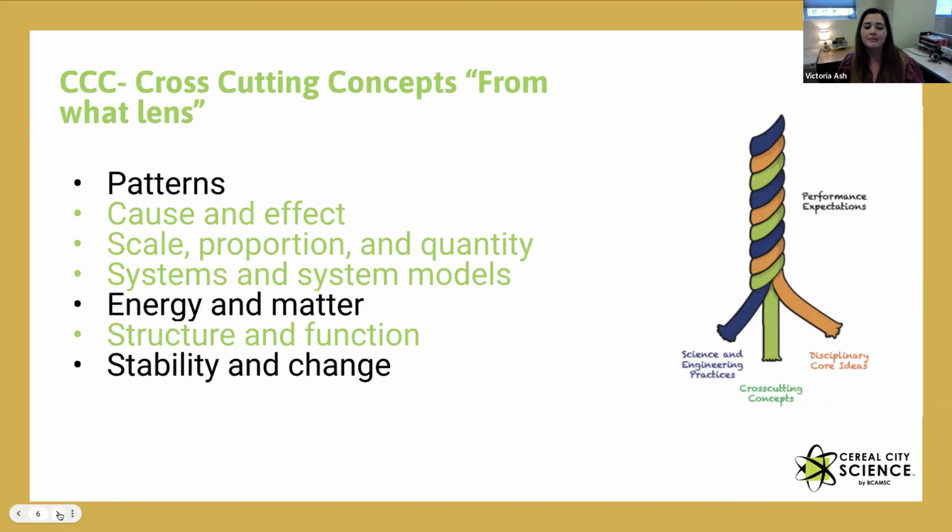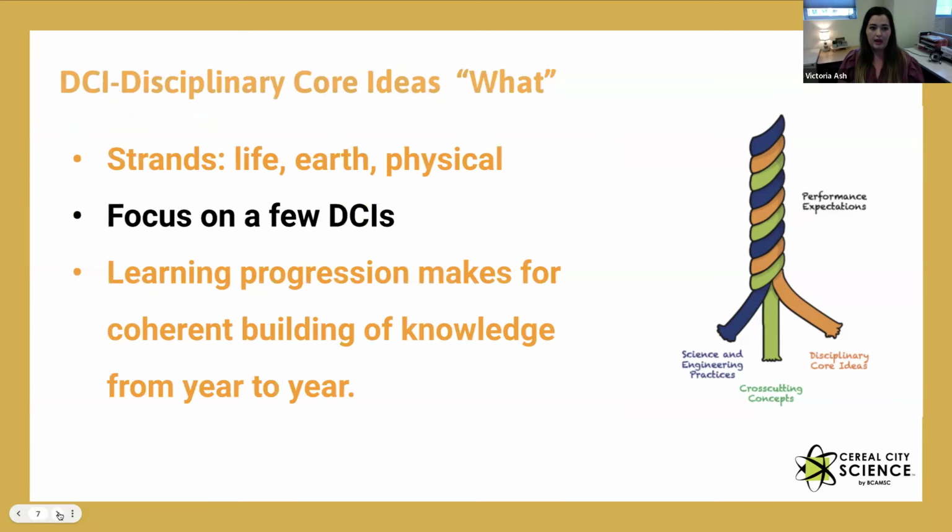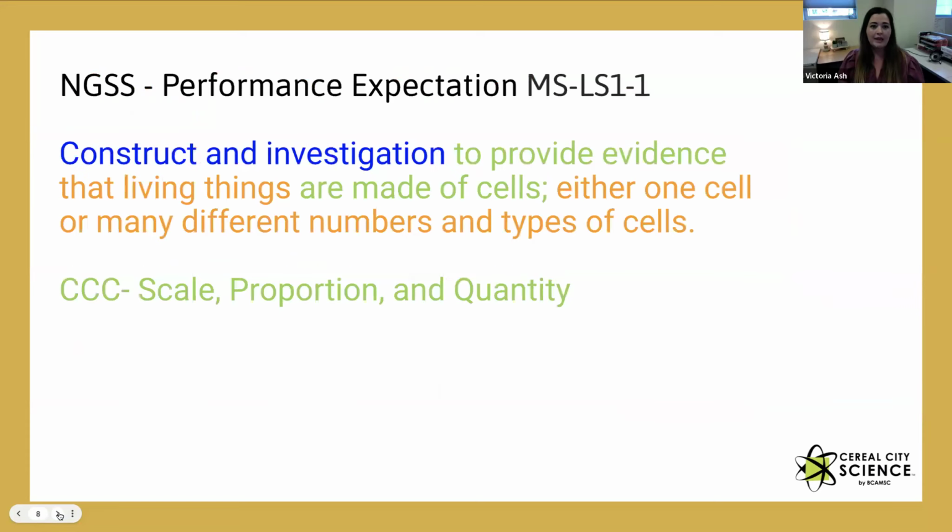Our cross-cutting concepts that we focus on in this unit are cause and effect, scale, proportion, and quantity, systems and system models, and structure and function. And then we are going to be looking at a couple of different strands, focusing mostly on our life science, but making connections to those other pieces as well.